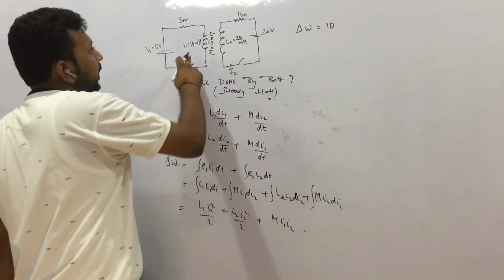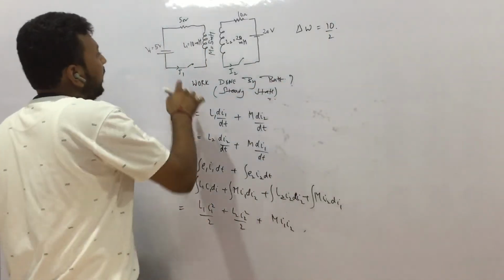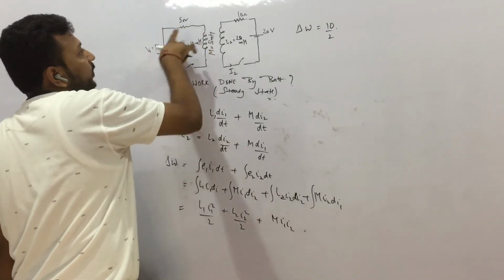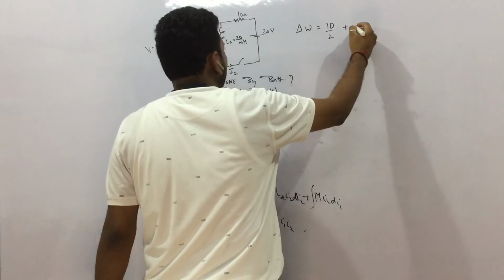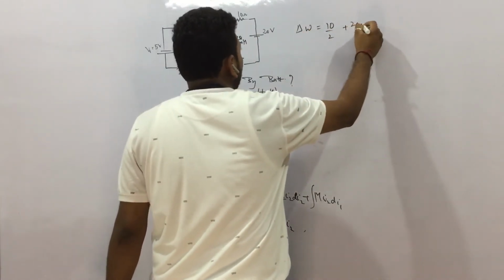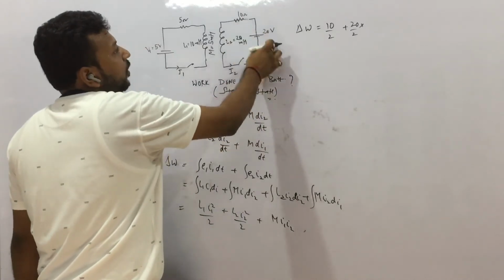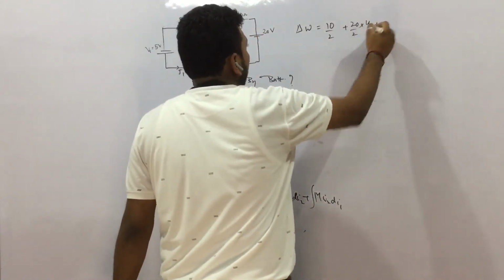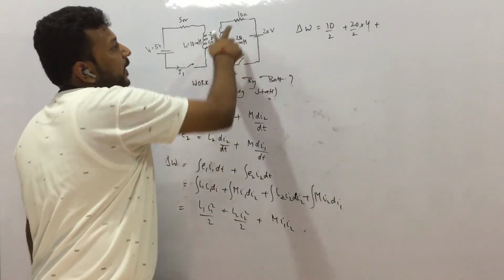L1 by 2 into I1 square is 10 by 2 into 1 square, that is 5. Plus L2 by 2 into I2 square, that is 20 by 2 into 2 ampere squared, which is 40.